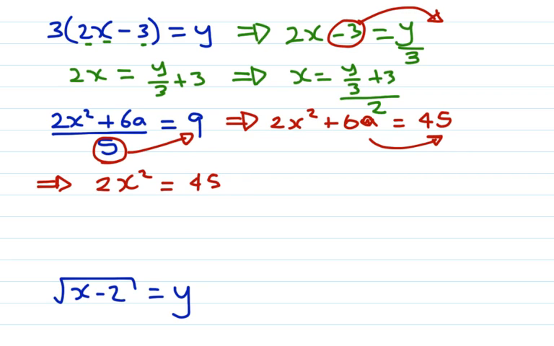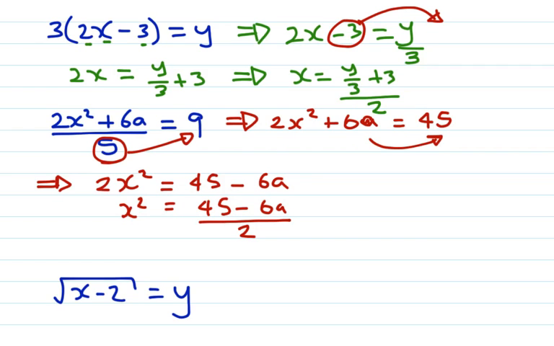So 45 take away 6a. Now you can clearly guess, x, and then it was squared, and then 2 was multiplied by it, so I'm going to divide by 2. So x squared is now on its own: 45 minus 6a, all that divided by 2, because obviously it's doing the opposite.